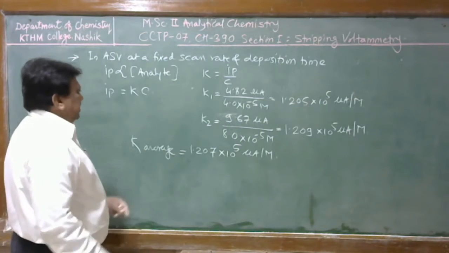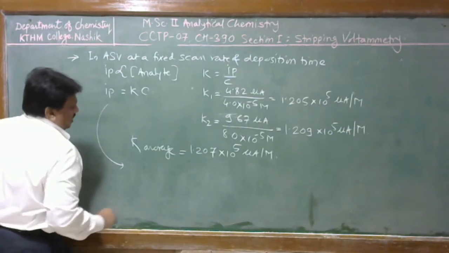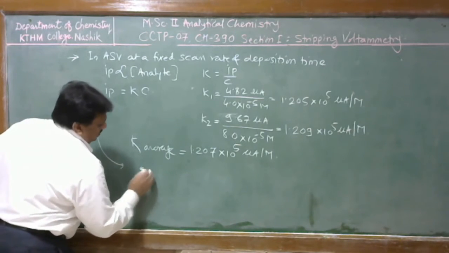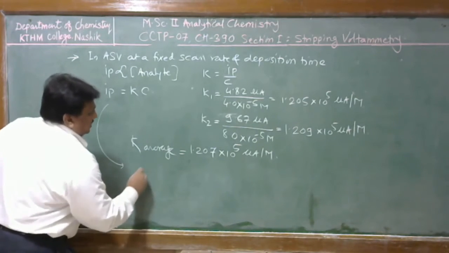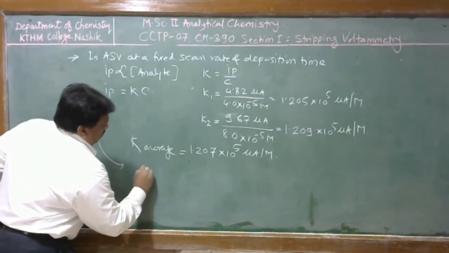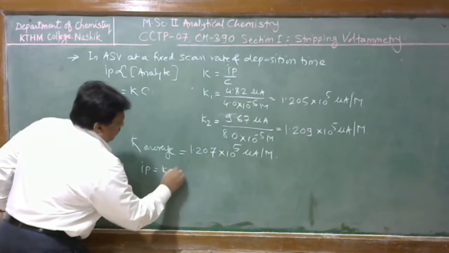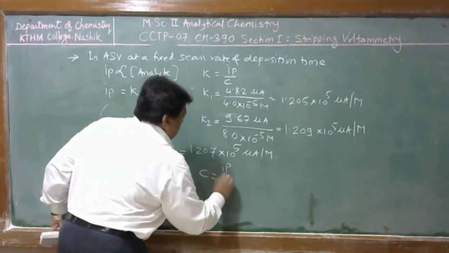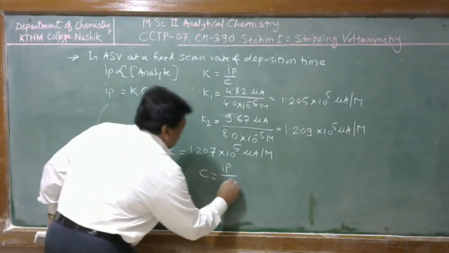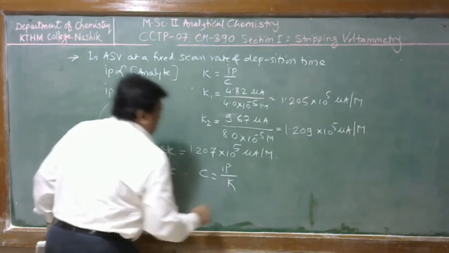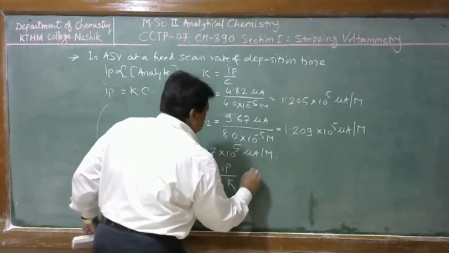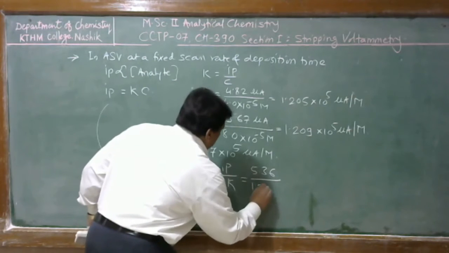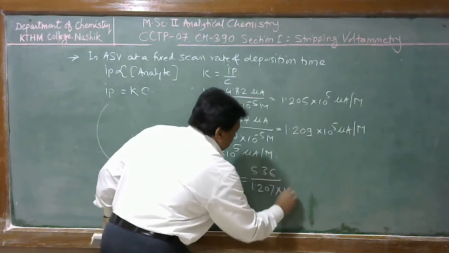Now we can use this K for the sample. Therefore, for the sample, peak current is known, that is 5.36. IP is equal to K into C. Therefore, C is equal to IP upon K. IP for the sample, that is 5.36 divided by K, 1.207 into 10 raised to 5.